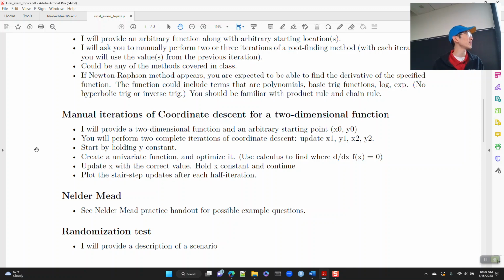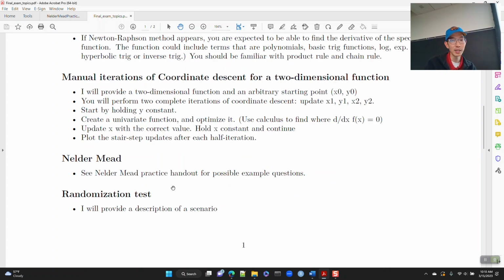Sometimes it's helpful to have the quadratic equation, so I'll include the quadratic equation if that's helpful to figure out where something is equal to 0: negative b plus or minus the square root of b squared minus 4ac, over 2a. Okay, and then you do coordinate descent, and you'll just plot your stair steps on that.